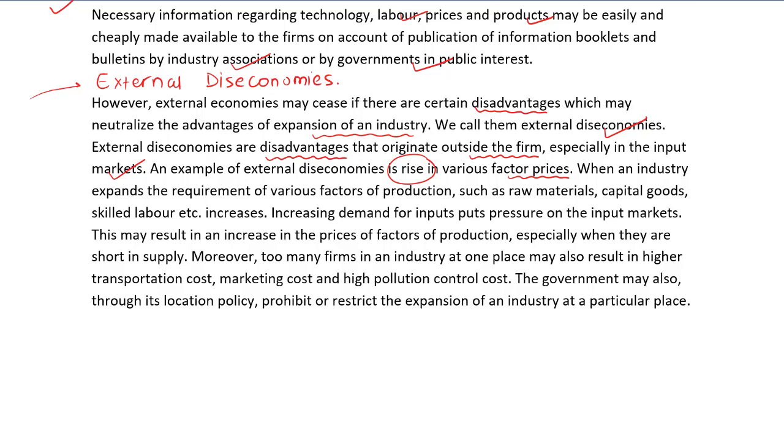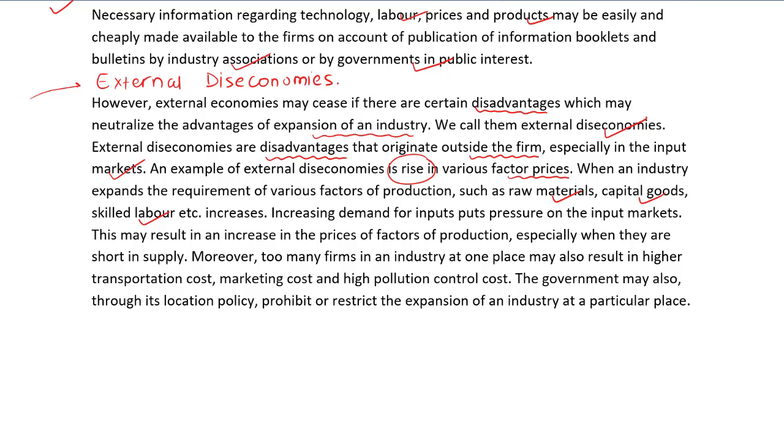When an industry expands and requirement of various factors of production, such as raw materials, capital goods, skilled laborers, increases, increasing demand for inputs put pressure on the input markets.